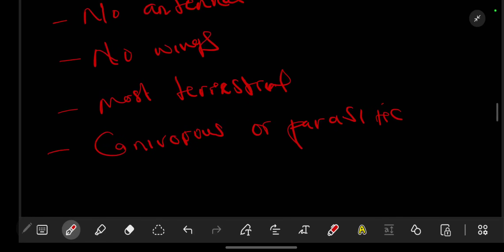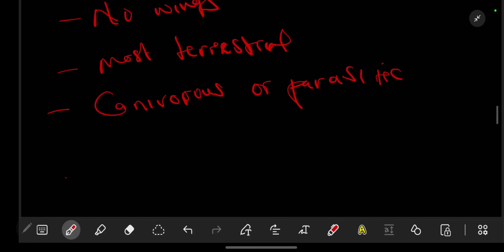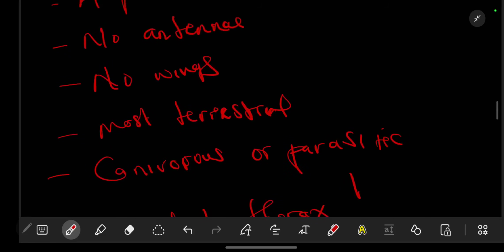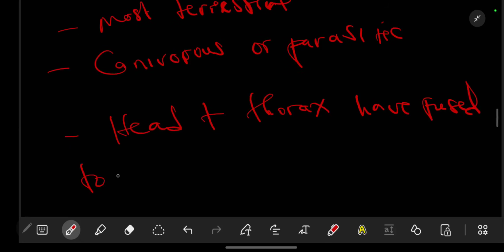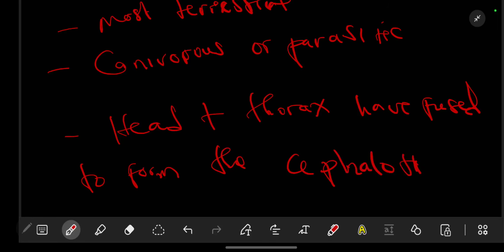Then the other thing that we have talked about is that the head plus the thorax have fused. This is very important. Have fused to form the cephalothorax.